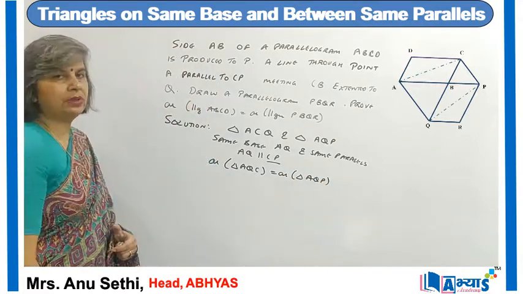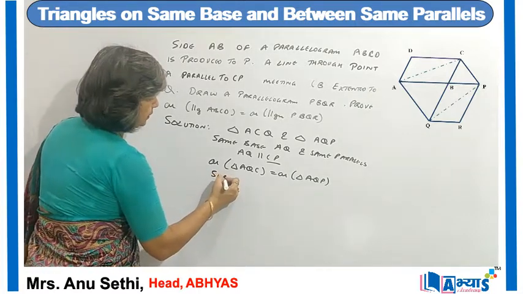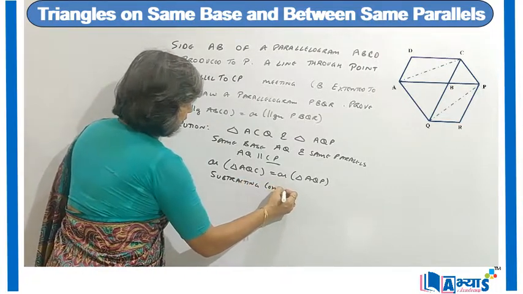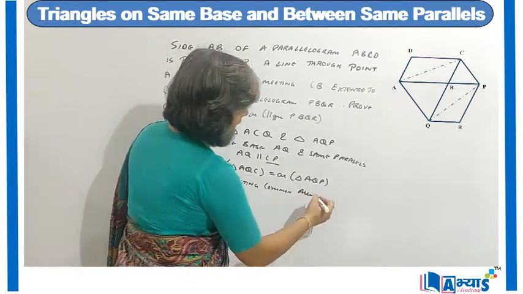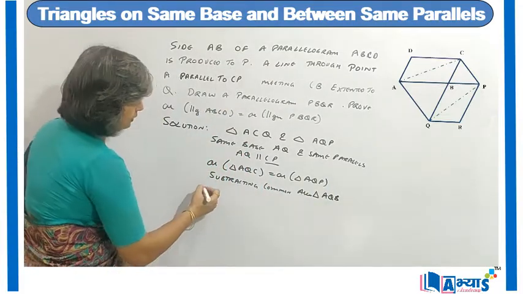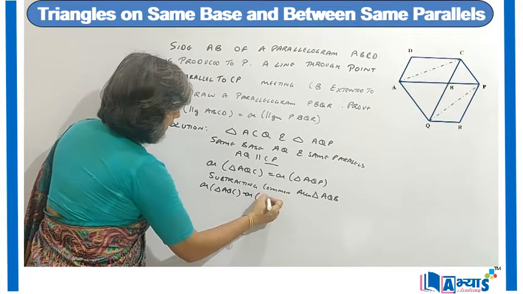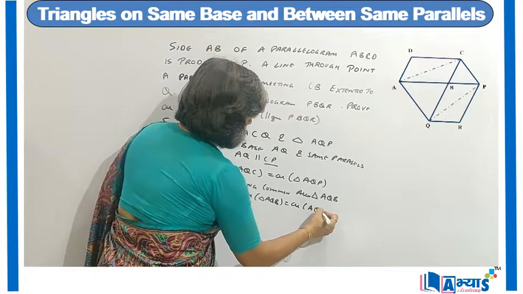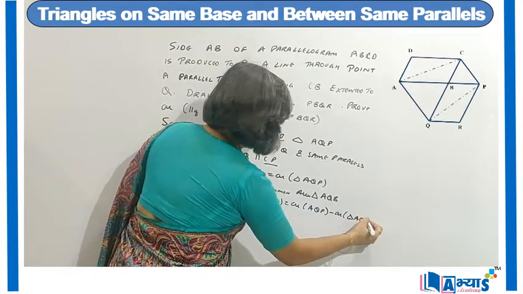Now when both the triangles have equal area, we can subtract the common area, that is triangle AQB. We have area of triangle AQC minus area of triangle AQB is equal to area of triangle AQP minus area of triangle AQB.